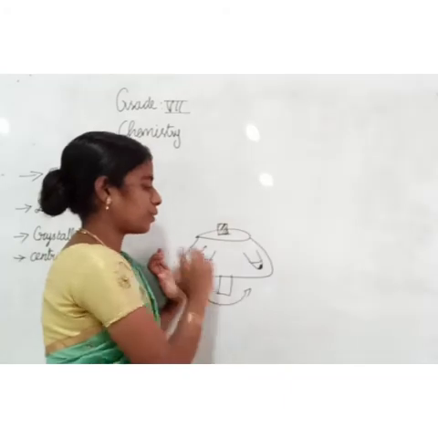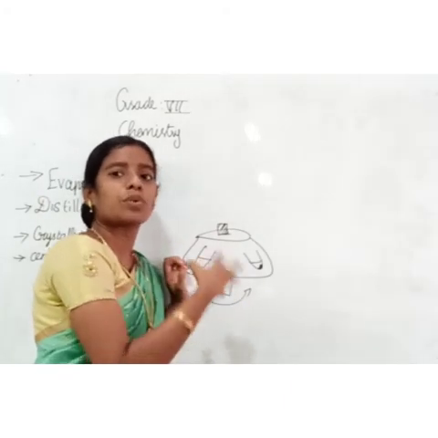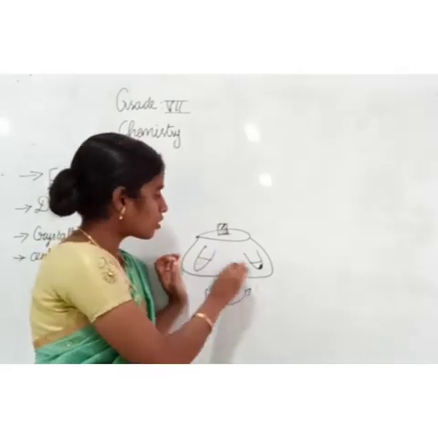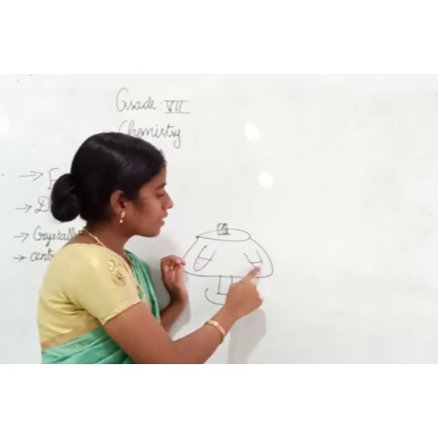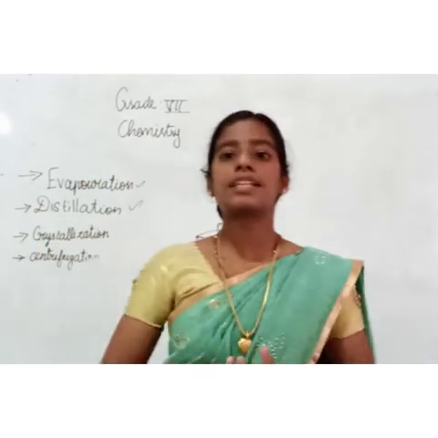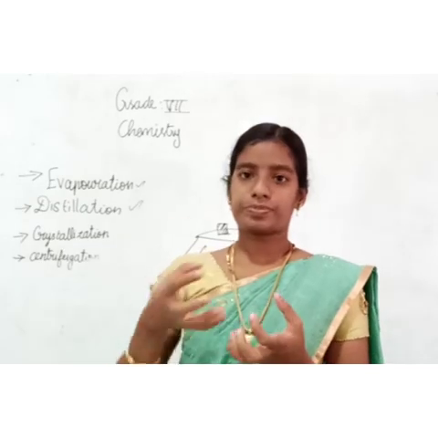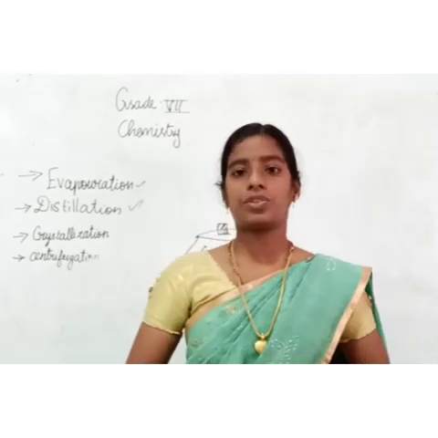This is the centrifuge. Now you have to rotate the centrifuge. As you rotate, the solid particles will settle here like this. Did you understand what is centrifugation? So using this technique, the solids can be easily separated from liquids.